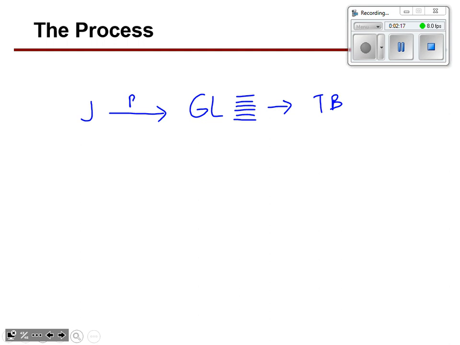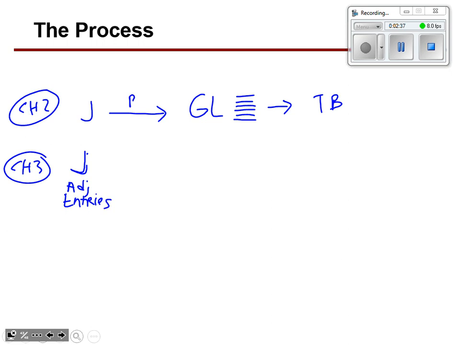That truly was all of chapter 2. In chapter 3, we learned that, yeah, you're going to journalize all the adjusting entries, and there's many types. We've learned that. You would post to the general ledger again.